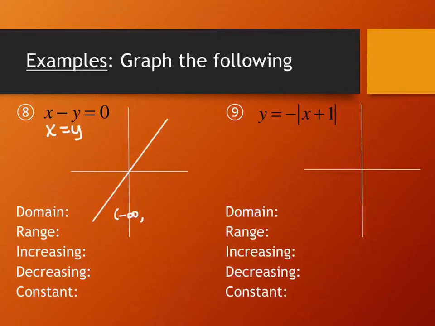Yep, negative infinity to infinity. What's the range? Same. Somebody tell me what you see about increasing, decreasing, or constant. It's increasing everywhere, right? Yeah. So this one is increasing from negative infinity to infinity, and it's got no places where it's decreasing or constant.